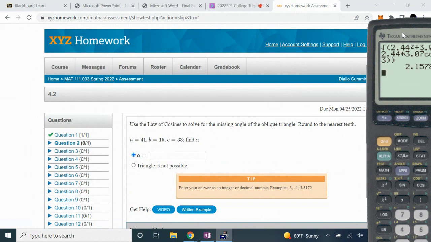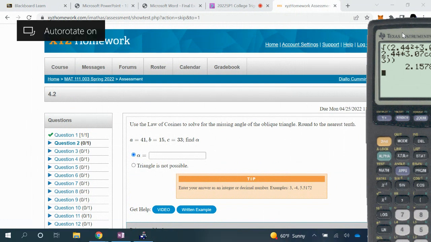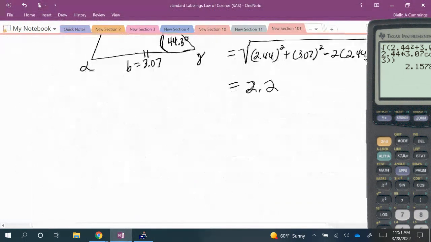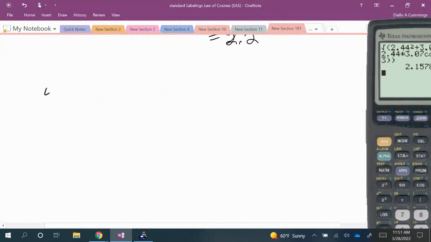So we're given that alpha is 41, B is 15, C is 33. I'm going to just sketch that out. So this is 4.2, number 2.